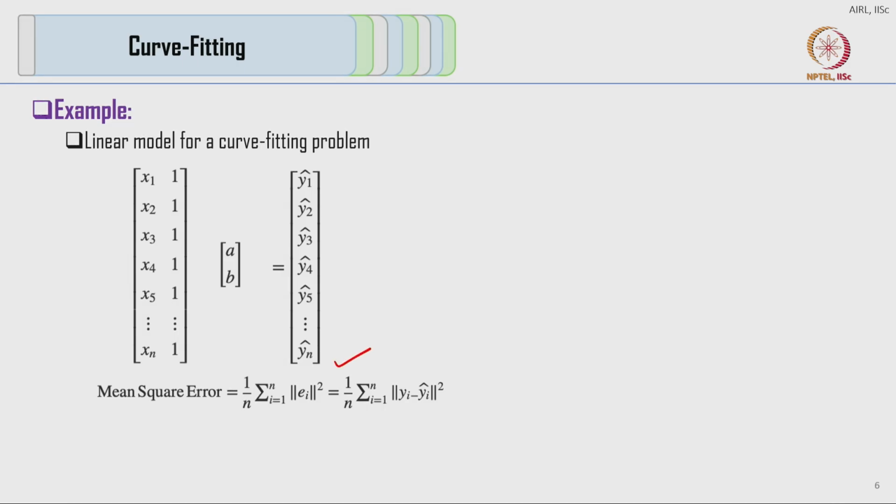The first vector is essentially the input, the vector in the middle highlights the learnable set of parameters, which is given by a and b, and the last vector y is essentially the output. So we can write this in a simplified manner, which is ax plus b is equal to y cap. In this example we identify y cap as the prediction.